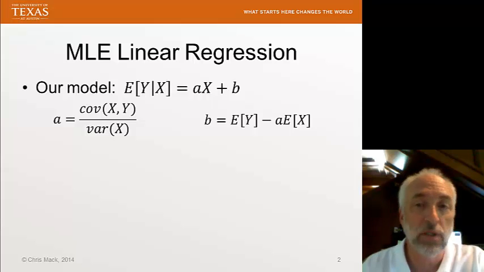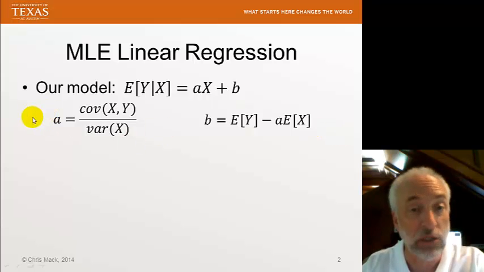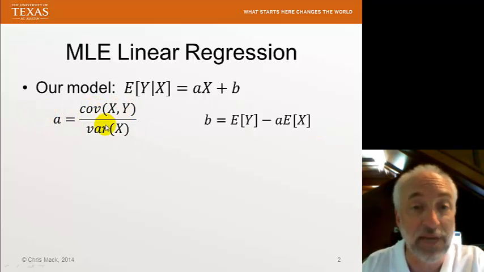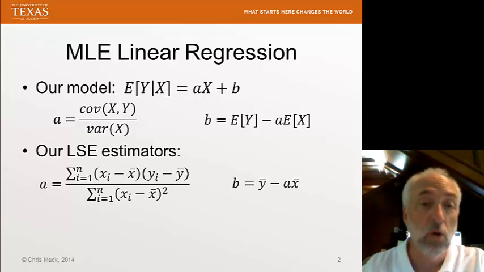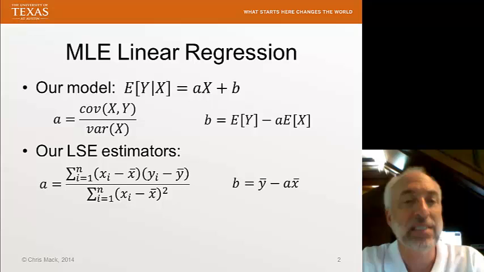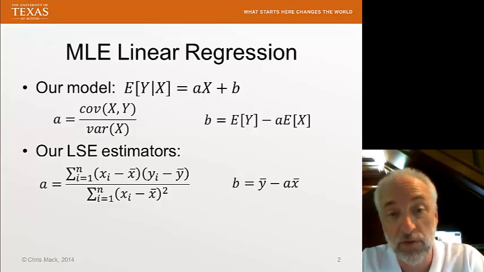Then we found that a and b must satisfy these equations. b is the expectation of y minus the slope a times the expectation of x, and our slope a is the covariance of x and y divided by the variance of x. Then we created various estimators for a and b by looking at our estimators for covariance, variance, and expectation.